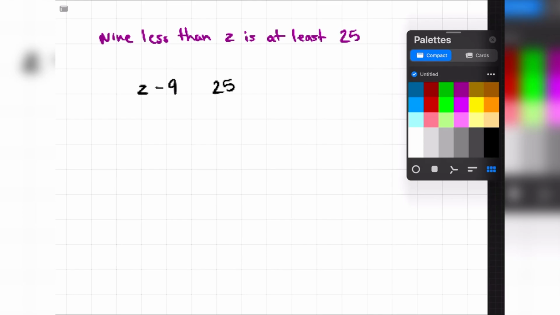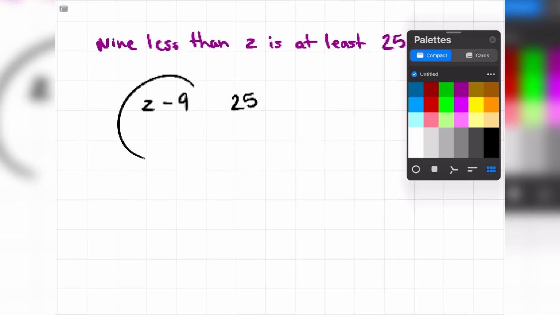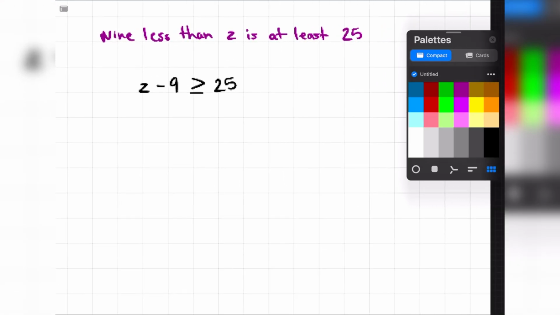They're saying bring 5 or more. So in this question, all of this has to be at least 25 or more. So this has to be greater than 25, but it can be equal to. And there you have it.